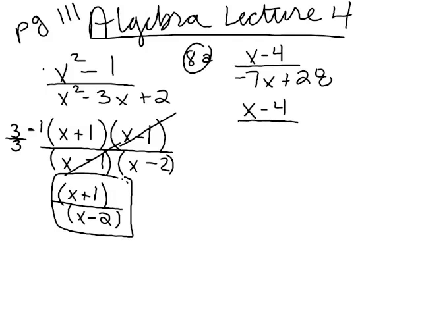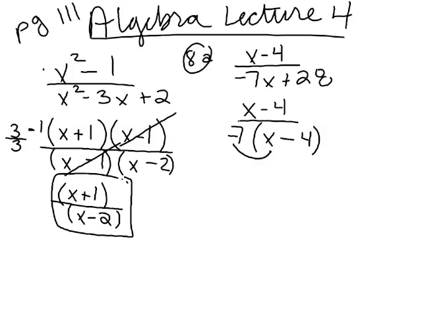And then down on the bottom, is there a number that I can pull out of both of those numbers? Yes, I can pull out a 7. And I'll have an x there. Do I want to pull out a negative 7 or a positive 7? If I pull out the negative 7, then that can be a negative 4, right?